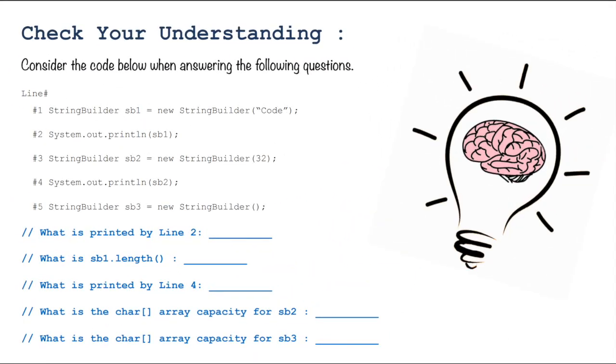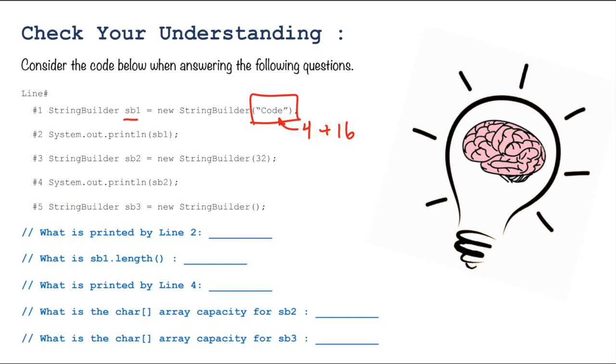So now if we look at some other examples, here we have StringBuilder object SB1 being instantiated with the string code, and since that has a length of 4, they're going to add 16 to it because the string is being passed during instantiation. And during instantiation, you're going to get a default of 16 additional characters.